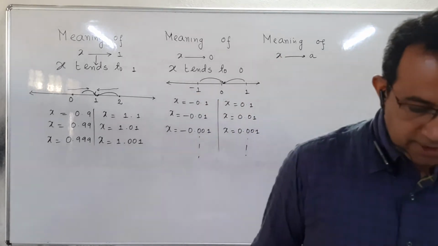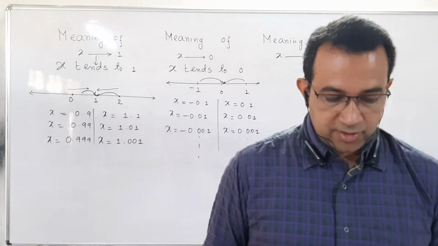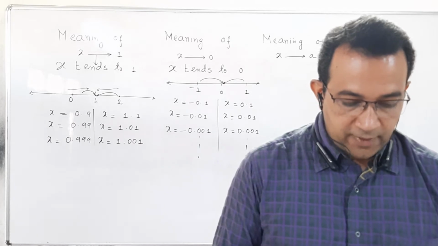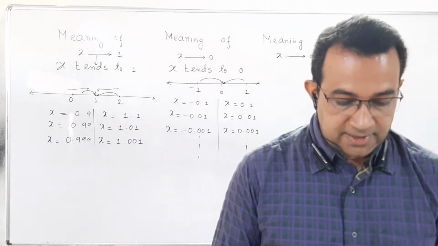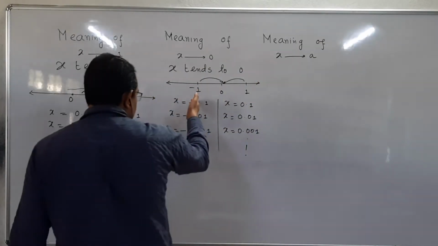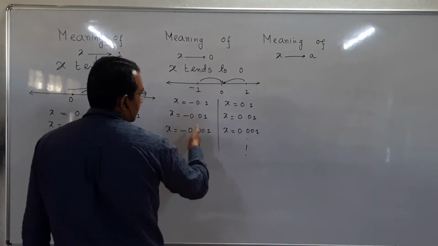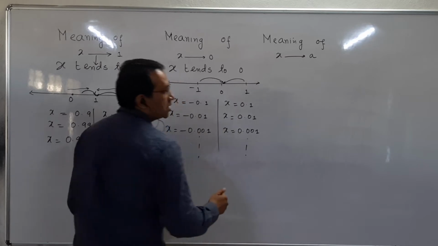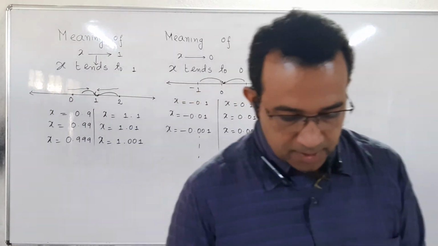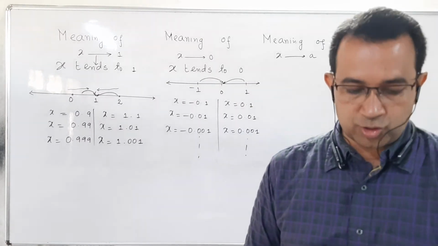So, check the meaning of x tends to 0 given in textbook. If by decreasing the positive value of a variable x or by increasing the negative value of a variable x. Here I am increasing the negative value of variable x, and here I am decreasing the positive value of variable x. The value of x is brought very close to 0.